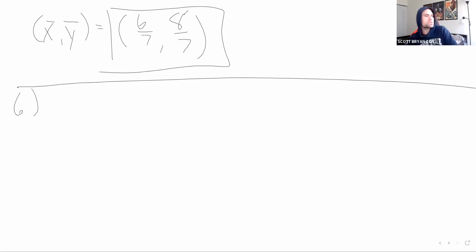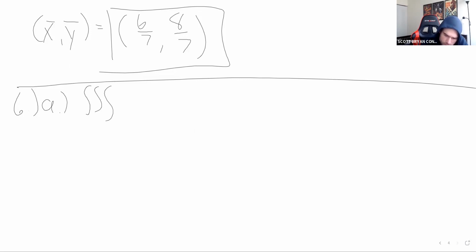Number 6. Okay, which ones did you want to look at in particular? Thomas. 6A? All right. So part A, we want to calculate these in whichever coordinate system is most appropriate.